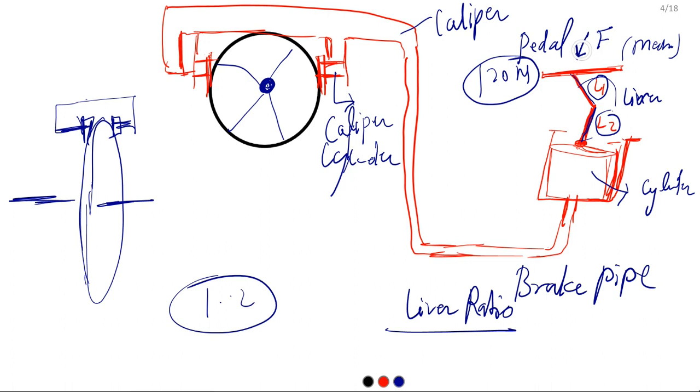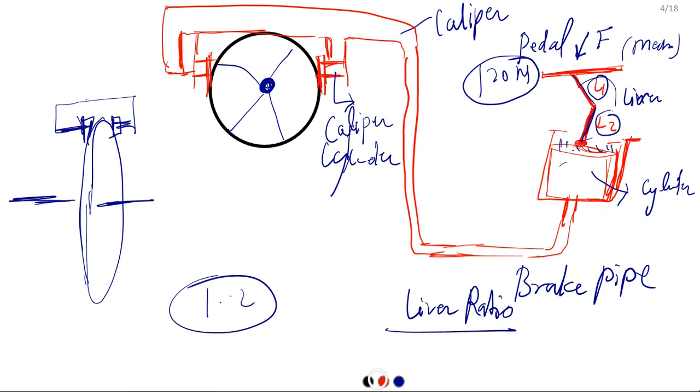This force will transfer to this particular hydraulic cylinder with the help of these levers. In this cylinder, the force is acting per unit area, so it will produce a pressure.